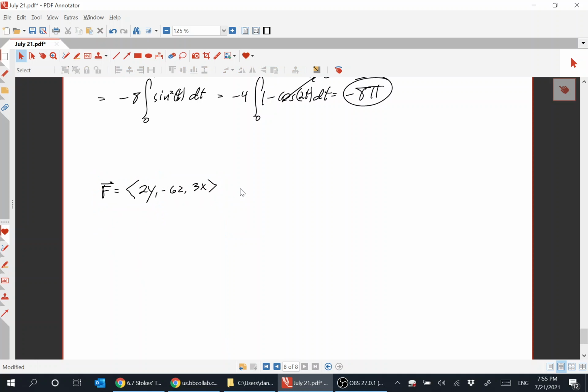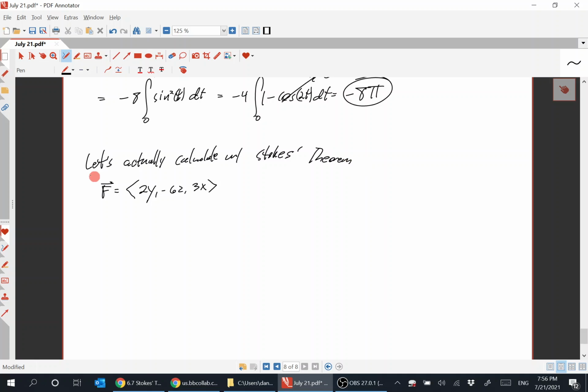Okay, so now let's actually use Stokes' theorem. So that's F. So the curl of F is equal to the determinant with i, j, k, partial with respect to x, partial with respect to y, partial with respect to z, and 2y minus 6z, 3x.